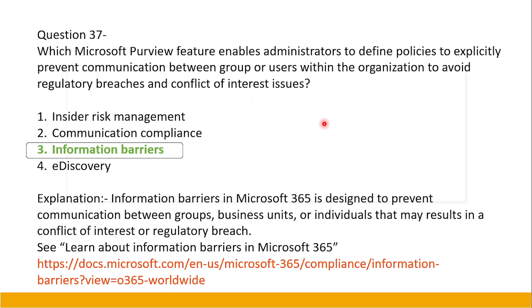Four options are being given: insider risk management, communication compliance, information barriers, e-discovery. The correct option here is option number three, information barriers. Information Barriers, as a feature in Microsoft 365, is designed to prevent communication between groups, business units, or individuals that may result in a conflict of interest. You can learn more about information barriers in the link mentioned below.